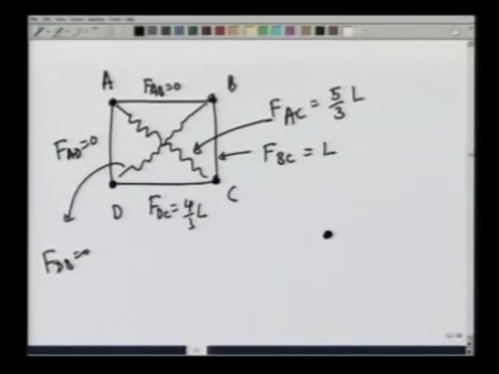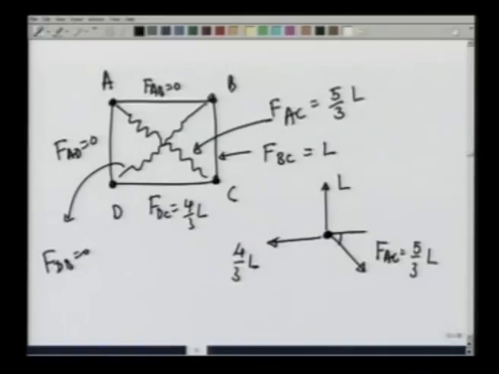With these forces, let us see if point A is in equilibrium. Remember, we found that on A there is a force in this direction which is 4/3 L, there is a force upwards which is L, and now I know, because of the tension in the rope, there is a force FAC which is 5/3 L.